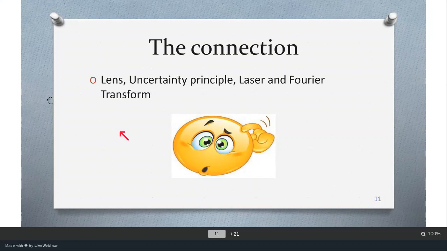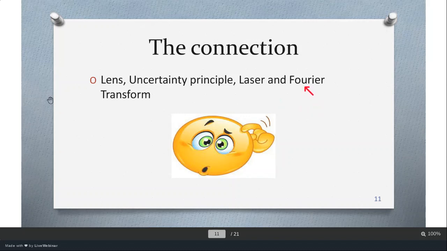Now the next thing is whether there is a connection between quantum mechanics, simple geometrical optics, the geometrical optical component that is a lens, and of course the laser, which is part of quantum electronics, with the Fourier transform. So whether there is a connection, we will probe next.